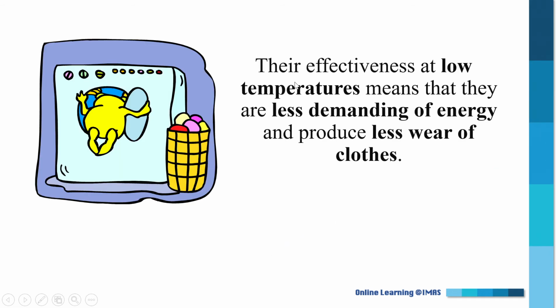Okay, so we said that bio washing powder, or bio detergent, is cost effective. It is effective at low temperature because you don't have to heat the water, since the enzymes can be active at normal temperature.